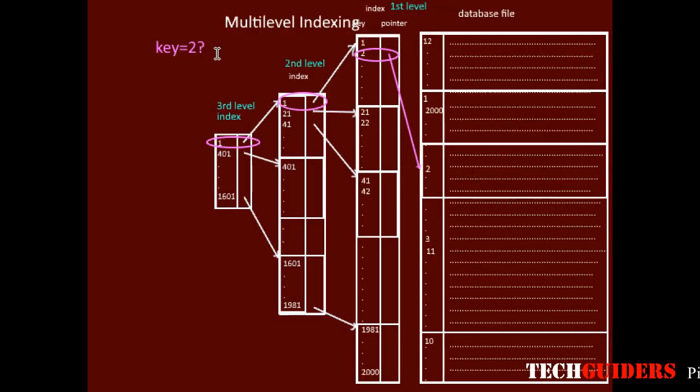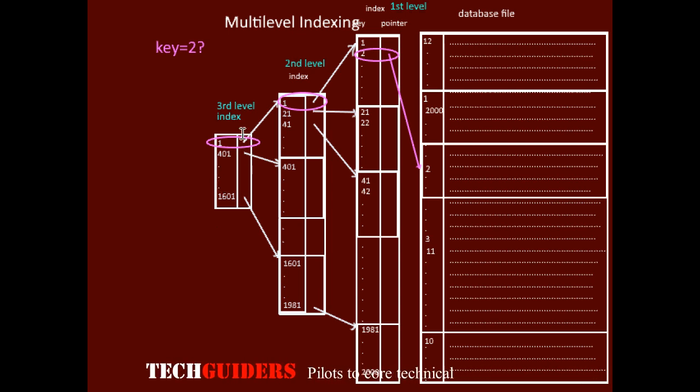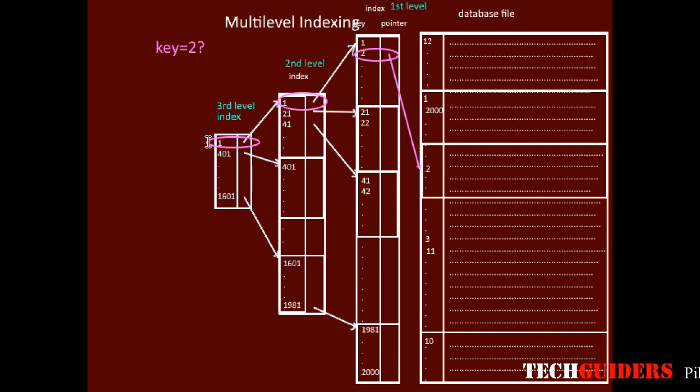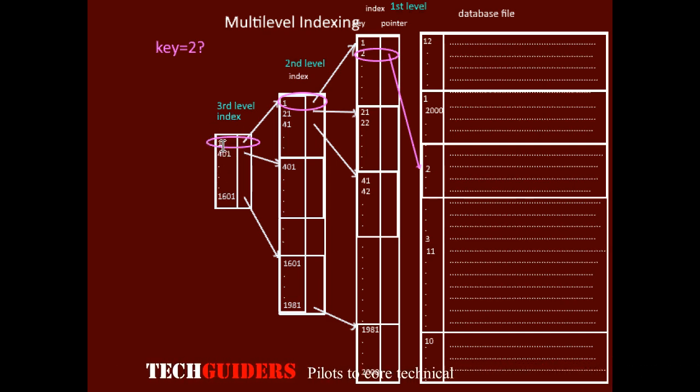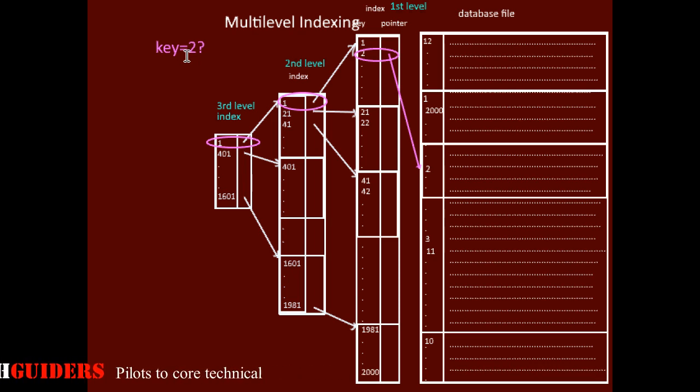So in order to access a search record, we should search the topmost level index first. And since the topmost level index can fit in a single block, we can keep it in the main memory as well. Search and find an index entry whose key value is equal to or just less than this value within that index block.